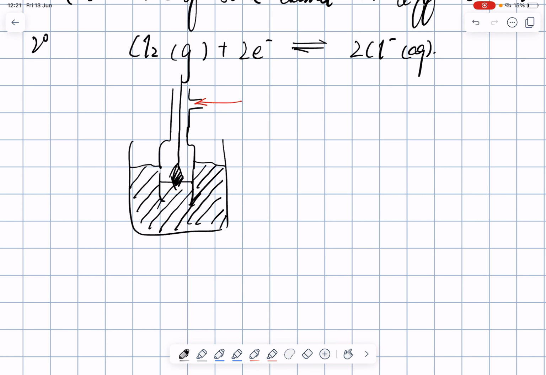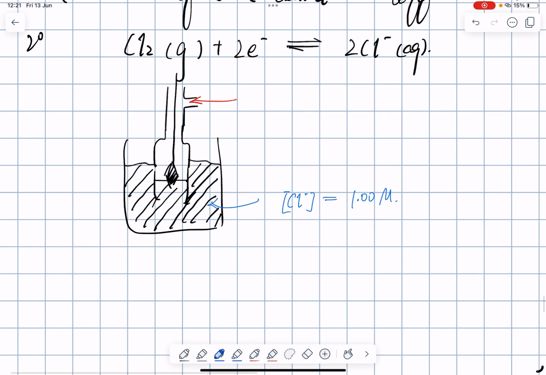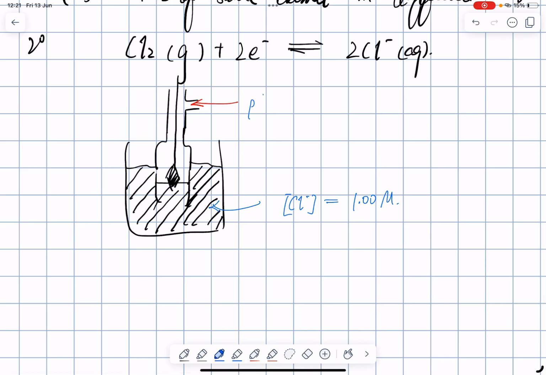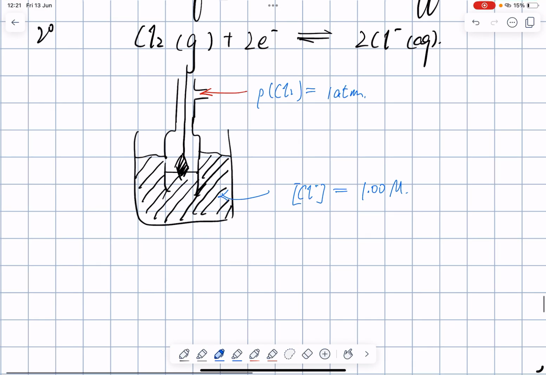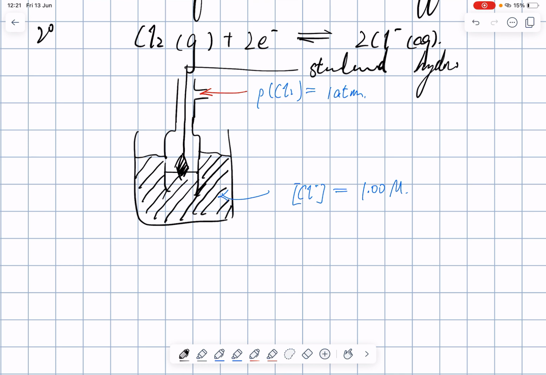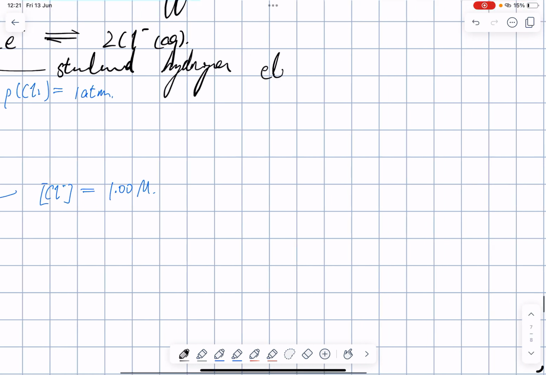Here we have liquid, and the concentration of Cl⁻ is 1 mole, 1 M. Here, the pressure of Cl₂ must be 1 atm. And we just connect this with a standard hydrogen electrode. That's actually pretty simple.